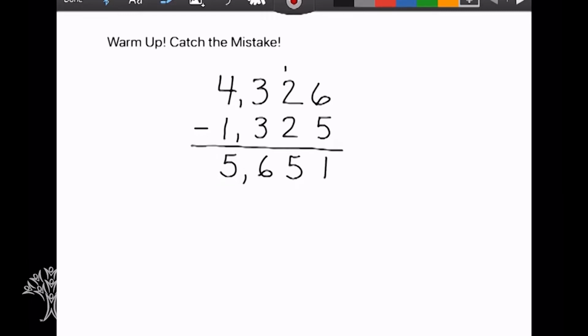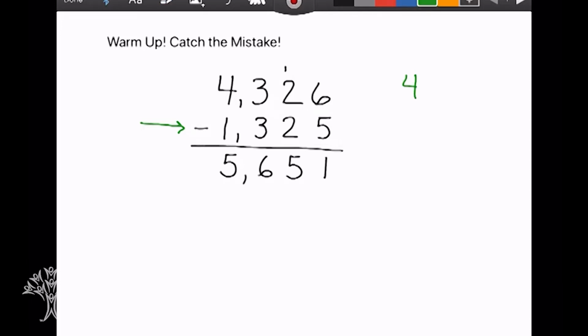The person who solved this problem wasn't quite paying attention to the subtraction symbol. And this is a pretty common mistake where people will look at a problem really quickly and think that it's addition, but it's really subtraction, or the other way around. So this problem was solved incorrectly because they added the two numbers instead of subtracting them.